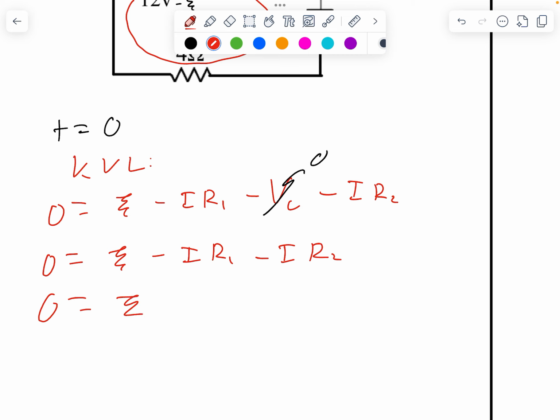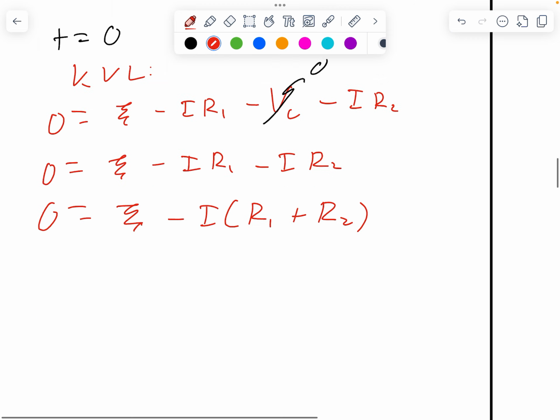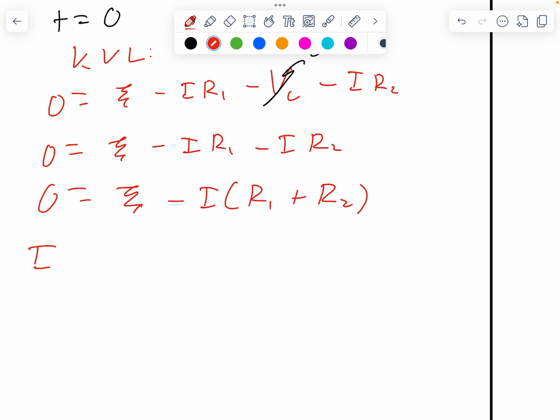And so what do we get here? Epsilon minus, I'm going to factor out an I from each of these, I times (R1 plus R2). Now look at this, it's kind of interesting. If I move the I times (R1 plus R2) over to the other side, this should look familiar. Epsilon is voltage, so honestly, this is just Ohm's law, where this would be the resistance in series. When we introduce series circuits, we're supposed to add up the resistors, and we never really explain why.